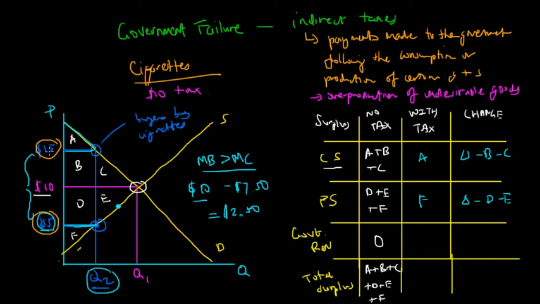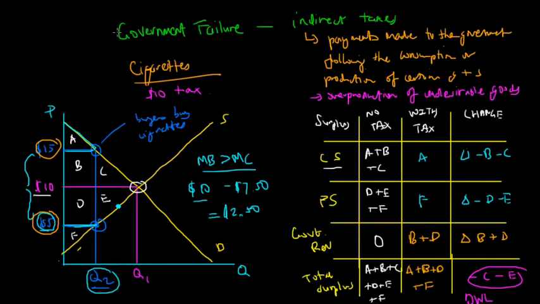This is 15 minus 5 times the quantity, which represents the area of B plus D, so the change is B plus D. If we add these up, the total surplus with tax is A plus B plus D plus F, and the change is negative C minus E. This represents the dead weight loss, or the allocative inefficiency in this market.